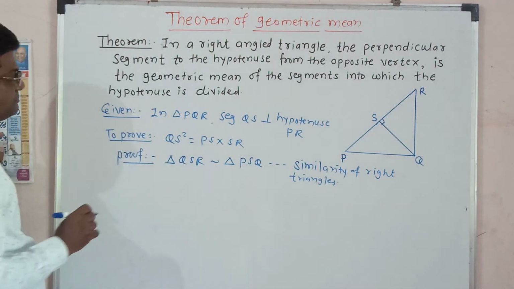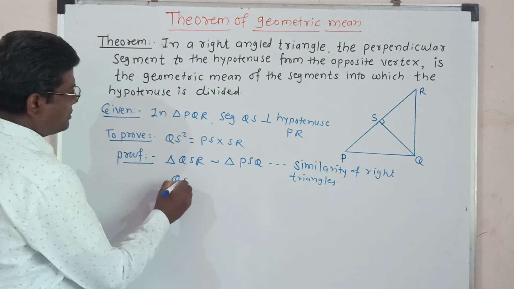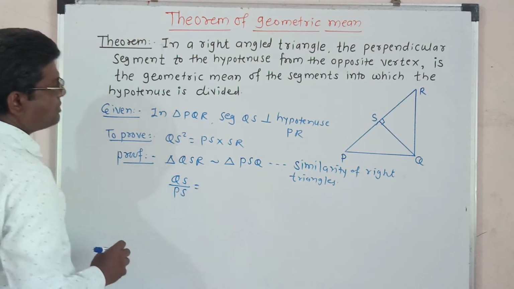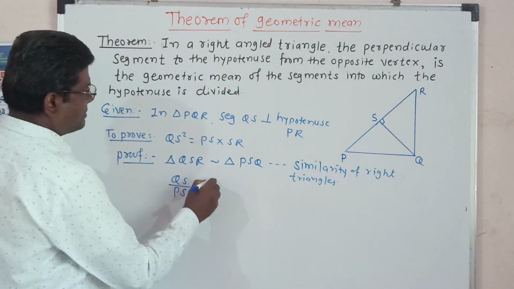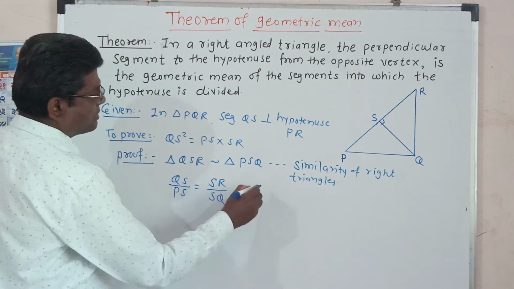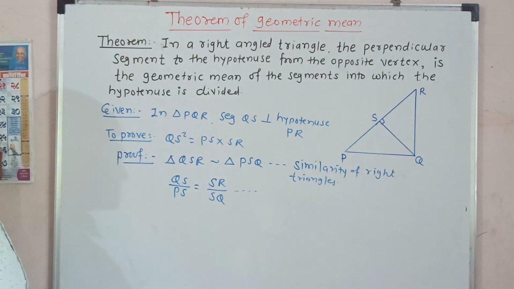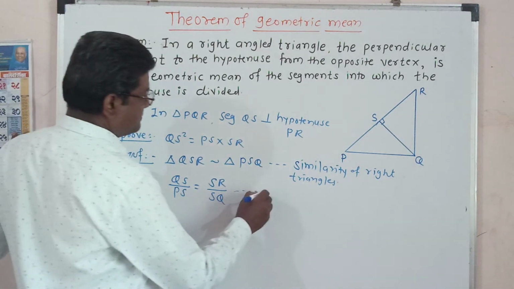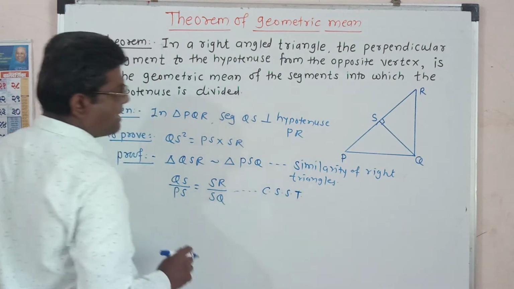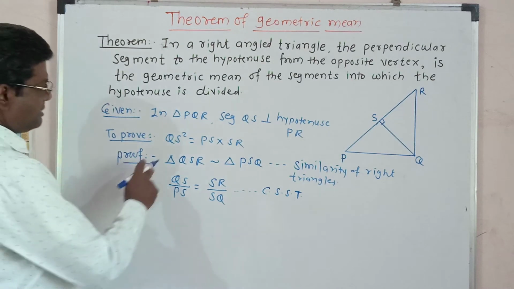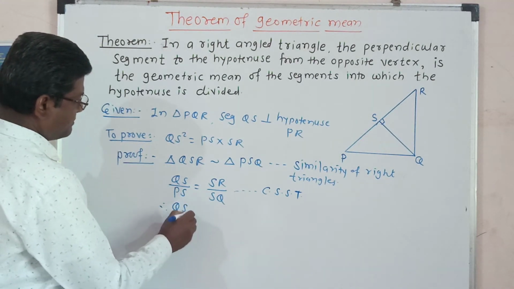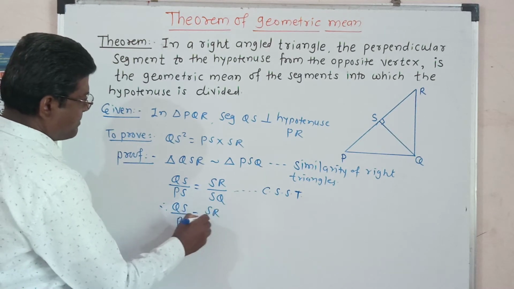Now QS upon PS is equal to SR upon SQ. Reason is corresponding sides of similar triangles. Therefore, QS upon PS is equal to SR upon QS.